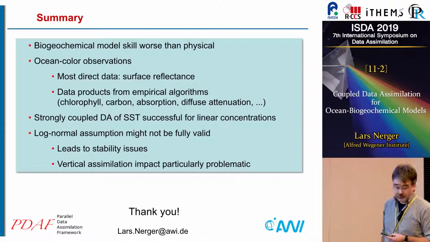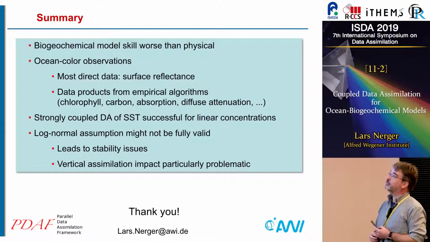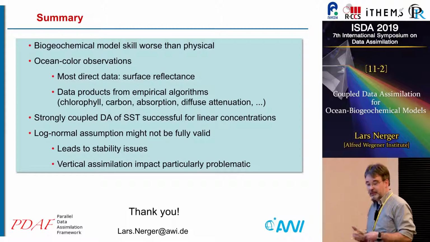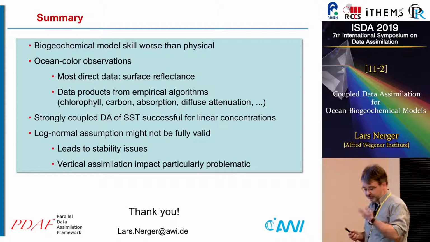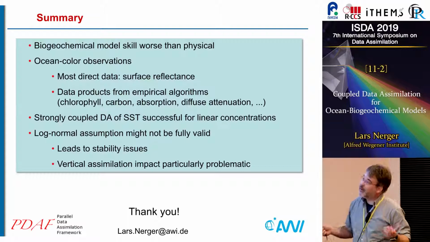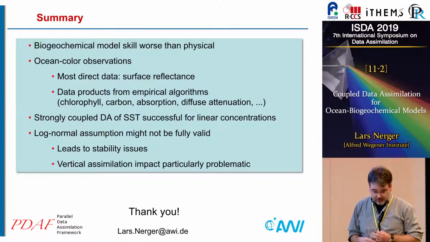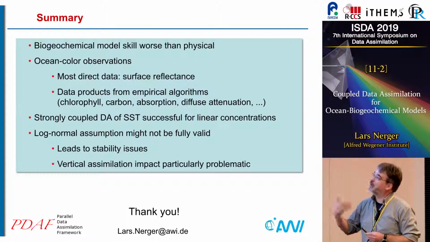Yeah, and with that, I'm running out of time, and I want to summarize what I discussed. Biogeochemical process models are mechanistic. Model skill is worse than for the physical models. We have ocean color observations. Most direct is the surface reflectance. And then we have the different data products from an empirical algorithm.